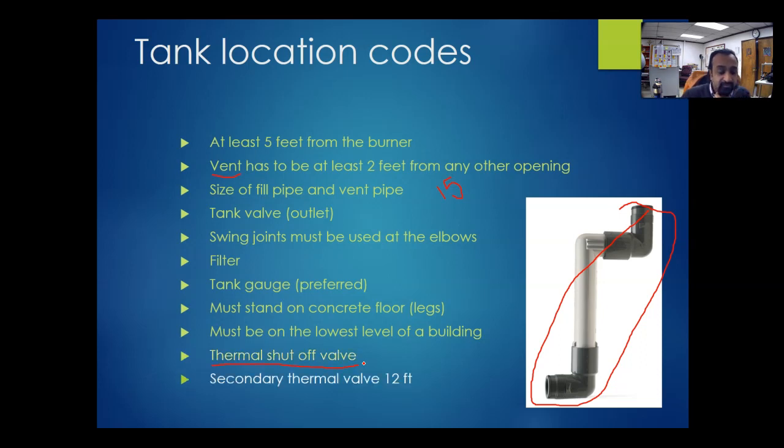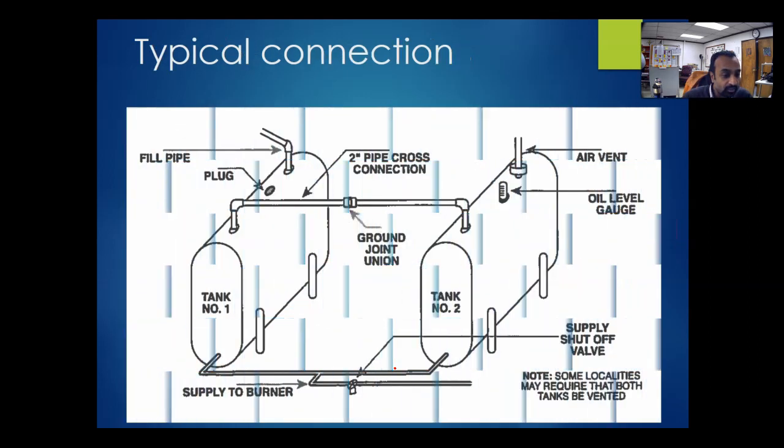You will need a secondary shut-off valve or thermal valve at 12 feet if you have oil going more than 6 feet on top, or if you have a ceiling that's really that high. So if the ceiling is more than 9 feet, you're probably going to have 2 thermal valves instead of 1. But most ceilings are around 9 feet. So just keep that in mind.